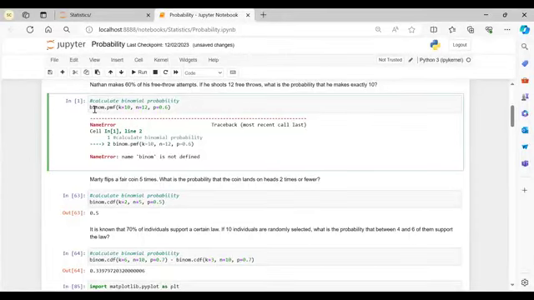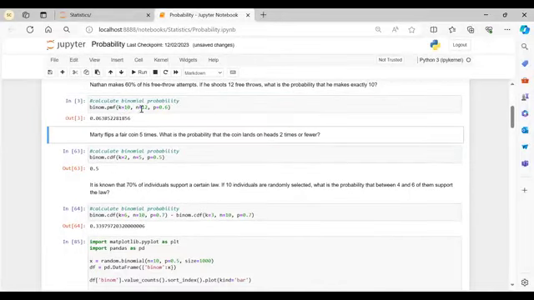Until you install and load that package, it will not understand what this function is all about. Now when I ran it, I'm not getting that error and it is giving me this value, 0.063. So that means the probability is only 6% that he will make exactly 10.